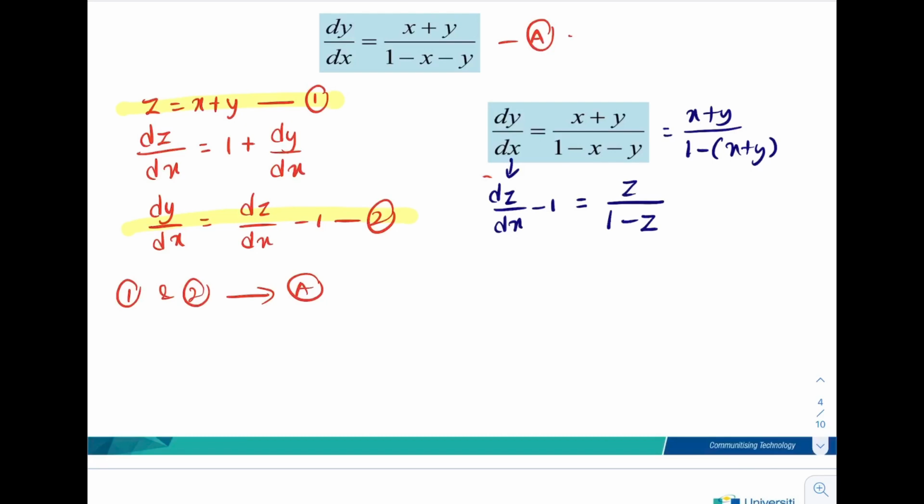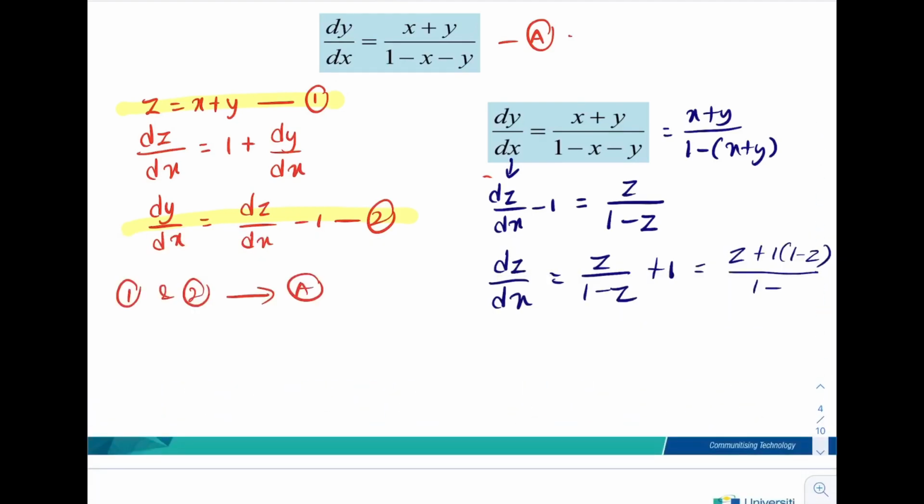So we expand a bit. z minus z plus 1. This one, merge this one, z plus 1 times 1 minus z divided by 1 minus z.